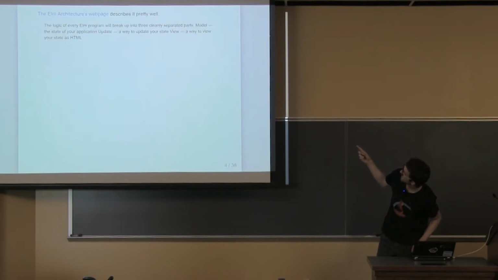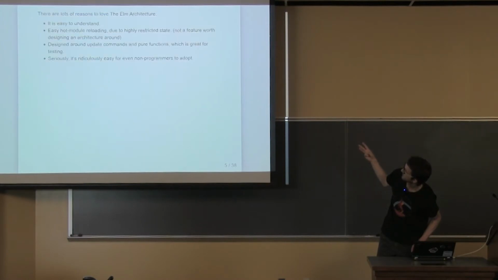So the Elm architecture is the model, the update and the view. And there are lots of reasons to love it. It's easy to understand. Because there's only one state atom, it's very easy to get time travel debugging and hot module reloading.